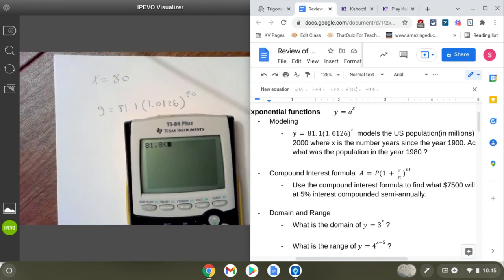There we go. So in 1980, the population was 222 million, because the answer was in millions. Awesome.